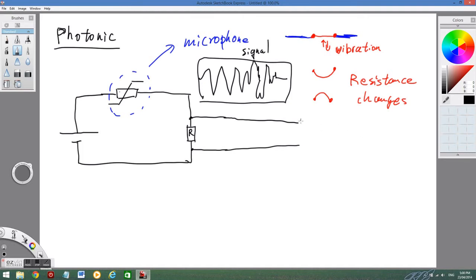On the other side, the signal can be connected to an amplifier, then connected to a speaker, and people can hear what I'm talking about from kilometers, 10 kilometers, 100 kilometers away. Okay? That's basically how a signal travels.